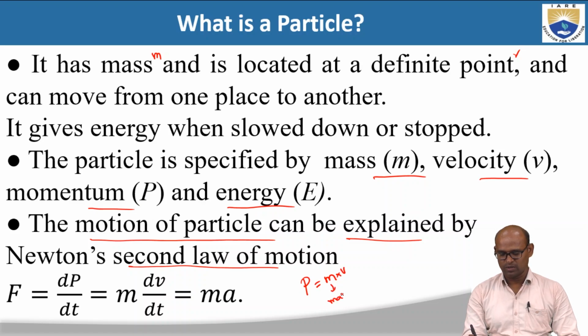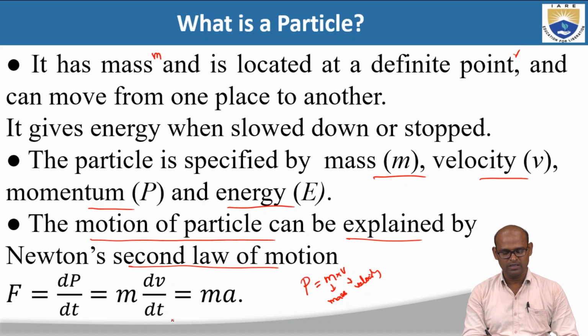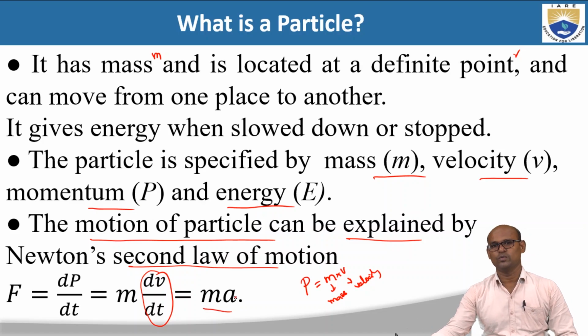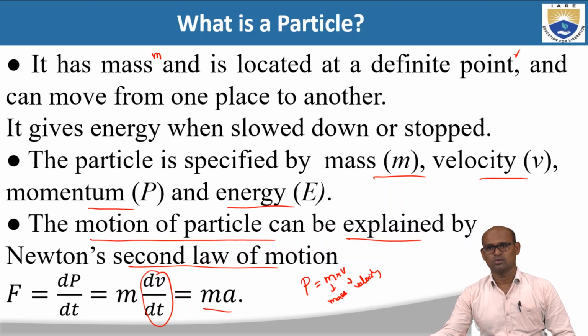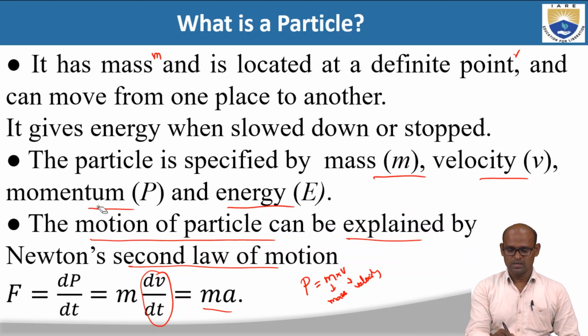So d(mv) by dt; m is constant, so m into dv by dt, and dv by dt, the rate of change of velocity with time, is acceleration. So F is mass into acceleration. Using Newton's second law of motion, we can study the dynamics of particles, how a particle moves with some velocity in time.